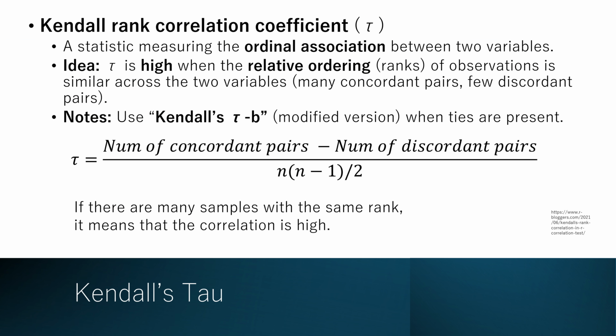Okay, next is the Kendall rank correlation coefficient, Kendall tau. Kendall tau measures the ordinal association by counting concordant and discordant pairs. High tau means the ordering of observations is similar across the two variables.